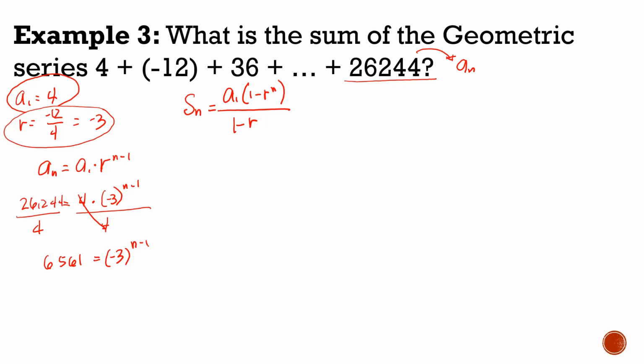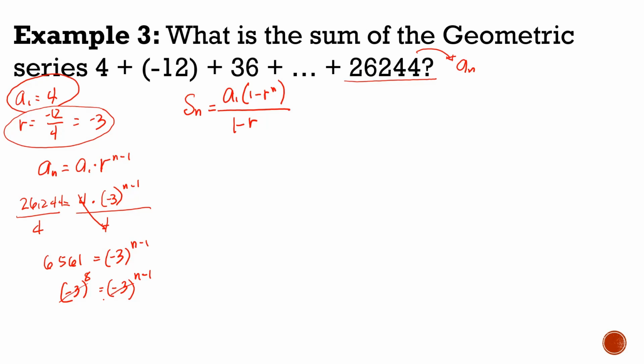So here, what we need to do is express 6,561 in exponential form, and the base should be negative 3. So negative 3 raised to what equals 6,561? We're looking for the exponent. What do you think? Okay, that is right. It's equal to positive 8.